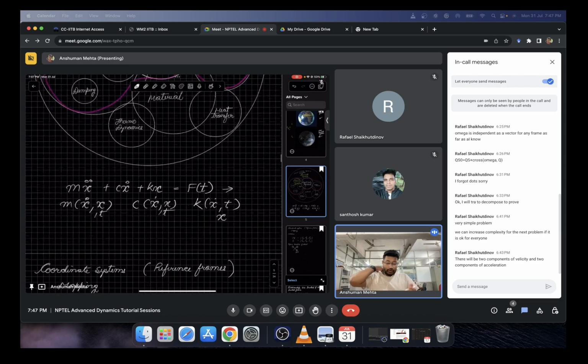So before going to solution, first comes formulation of the governing equation. How will you formulate it? Will you use the Newtonian approach, or some Lagrangian approach, or some other thing which you will be learning further in this course?